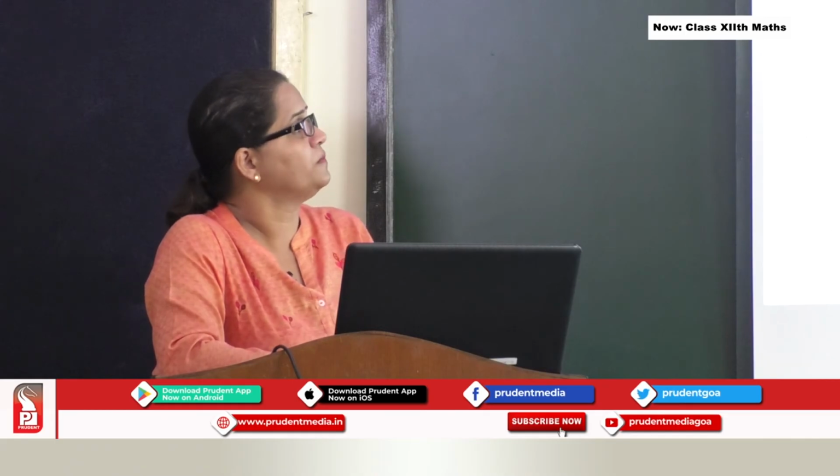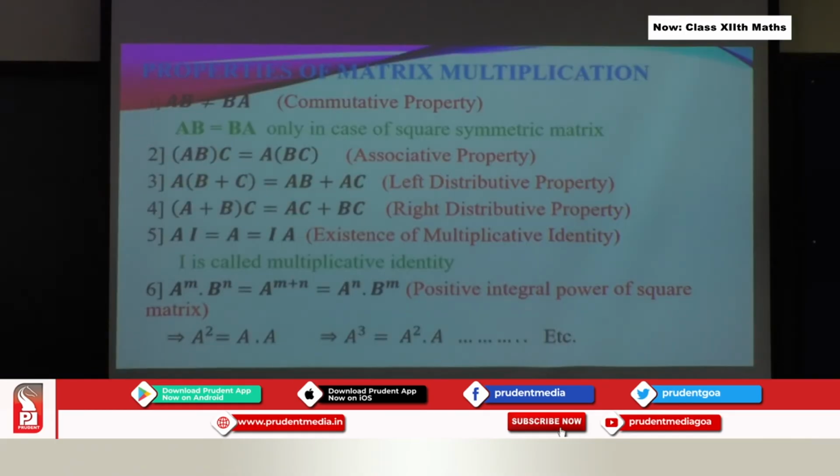Let us look at the next, that is, properties of matrix multiplication. These kinds of properties we first studied in terms of matrix addition. Now look at the commutative property. The commutative property is not true in terms of matrix multiplication, but in terms of matrix addition the commutative property is true.